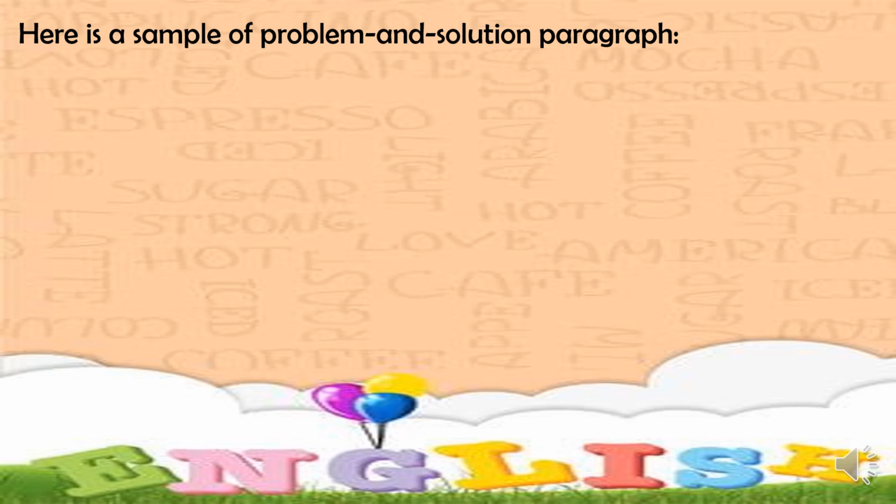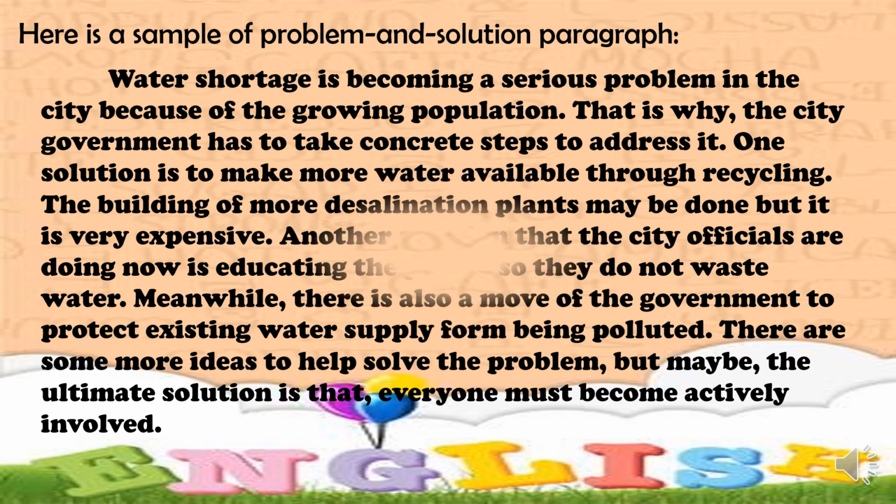Here is a sample of a problem and solution paragraph. Water shortage is becoming a serious problem in the city because of the growing population. That is why the city government has to take concrete steps to address it. One solution is to make more water available through recycling. The building of more desalination plants may be done, but it is very expensive.